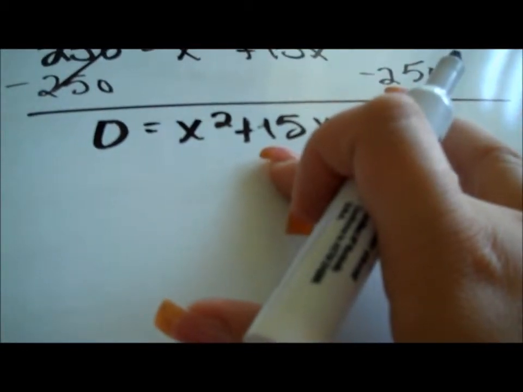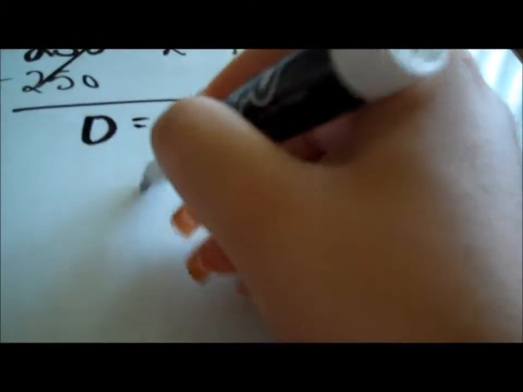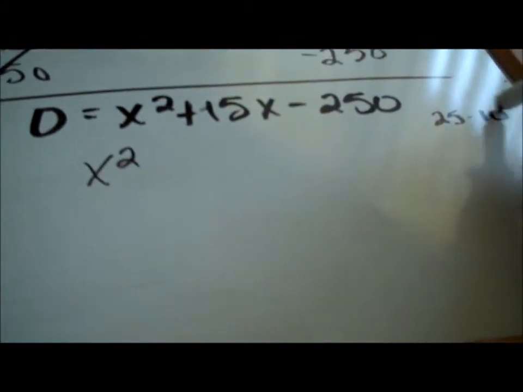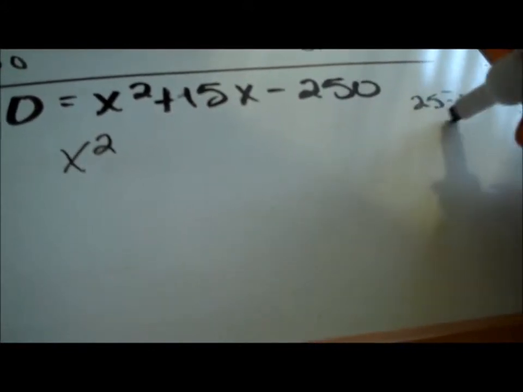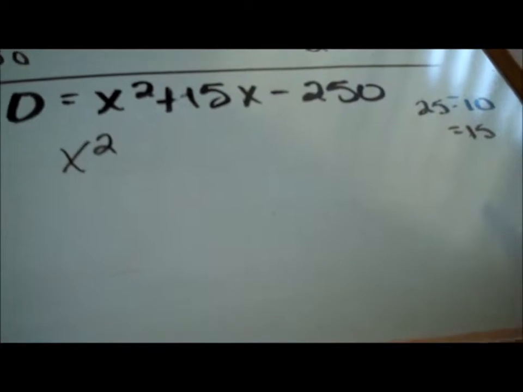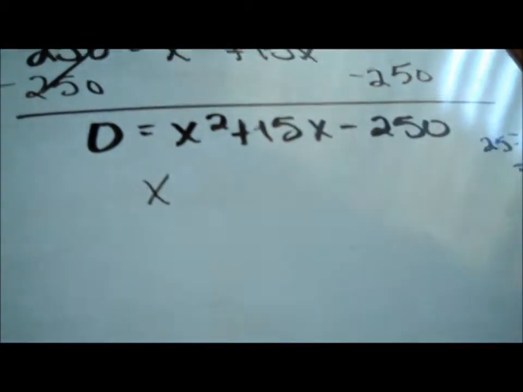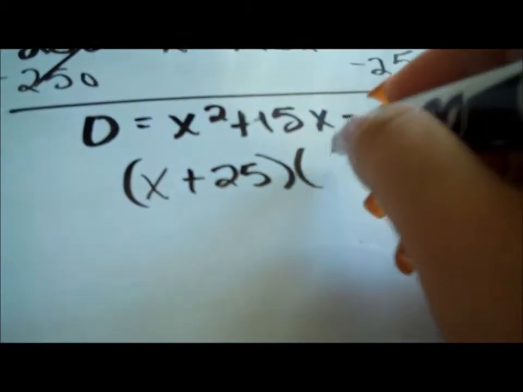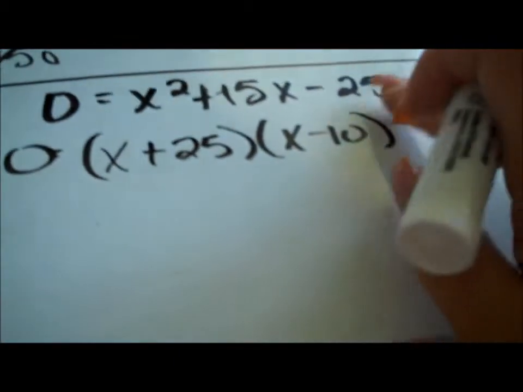So those factors are going to be 25 and 10. 25 times 10 does give me 250, but if I put a subtraction sign here, I do get 15. So I need a positive 25 and a negative 10, and that's going to equal 0.